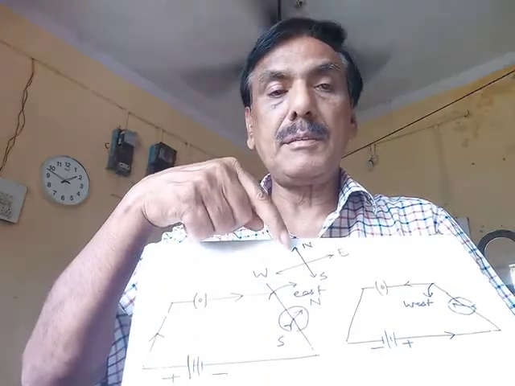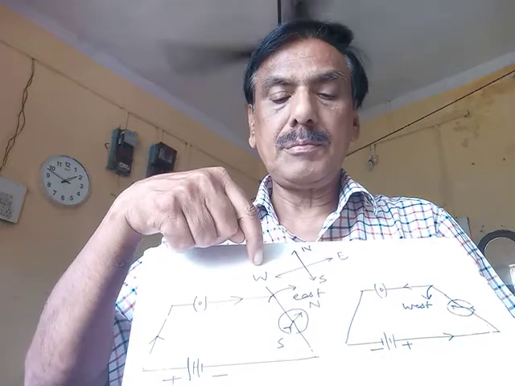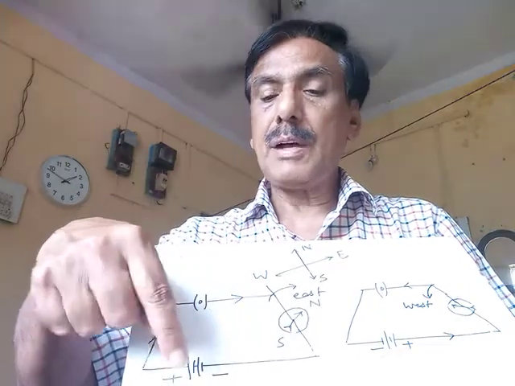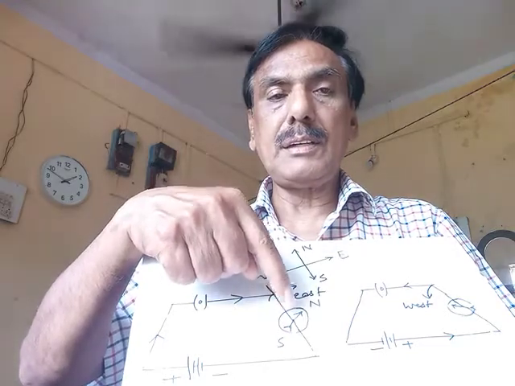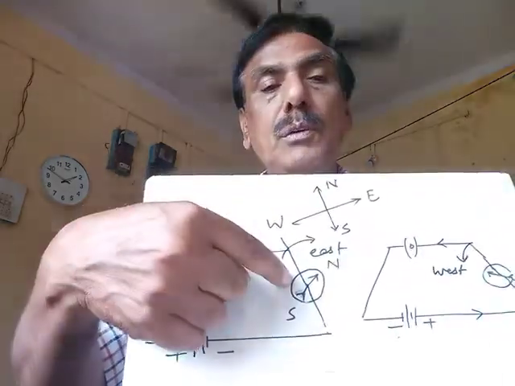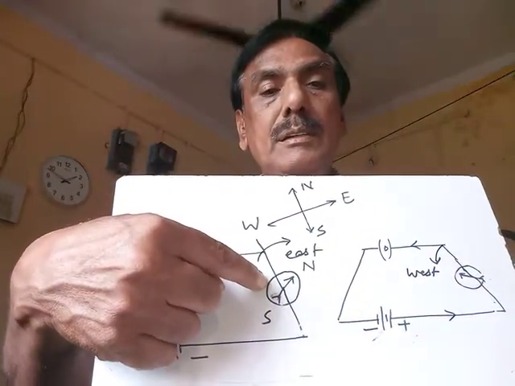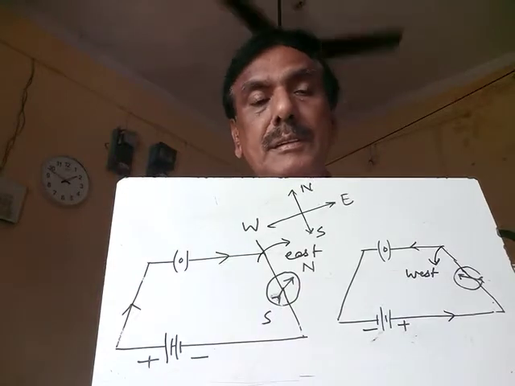Here the directions are given: north, south, east, and west. So when the current is passing this way, the deflection is on the eastern side. This is a compass needle.